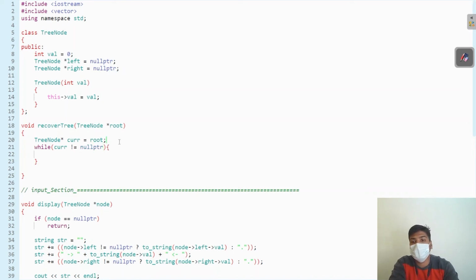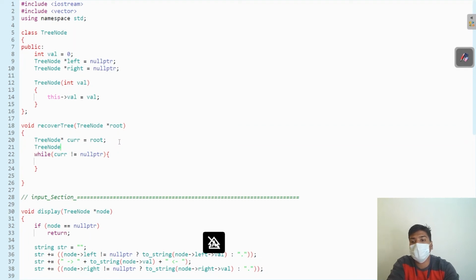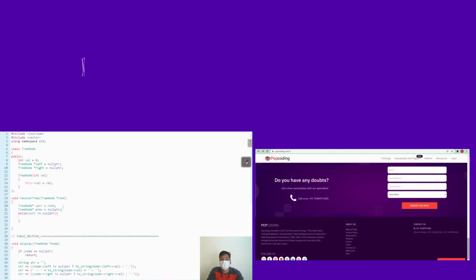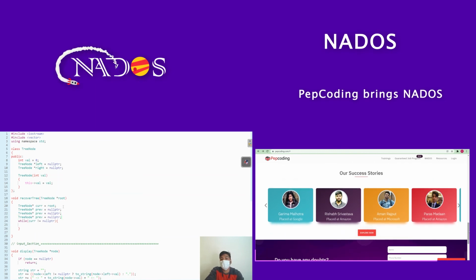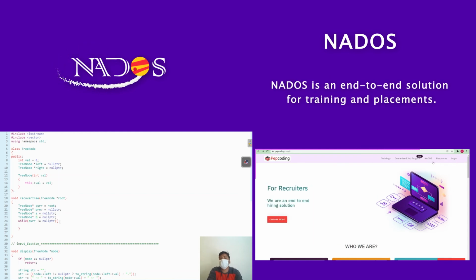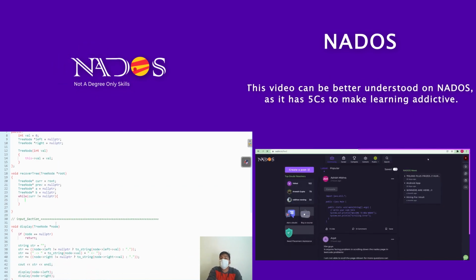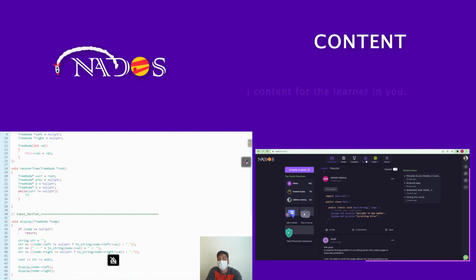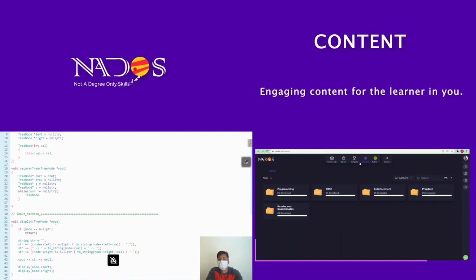One more thing, we need 3 more pointers: tree node previous equals null, and 2 more, that is a and b, right? So now what we will do after this, we'll make a tree node left node equal to current dot left.